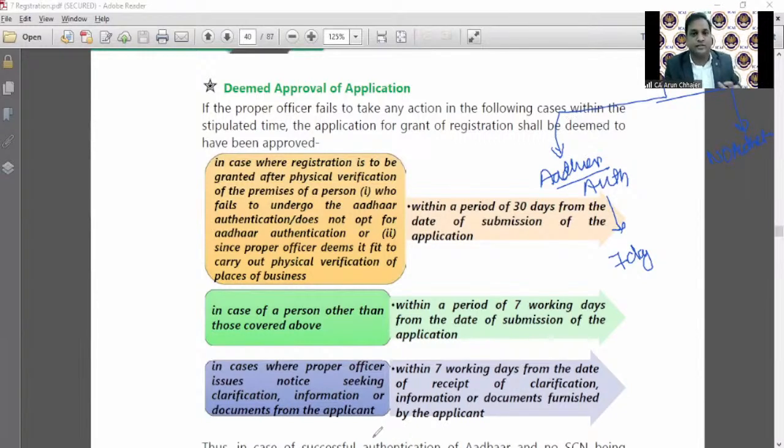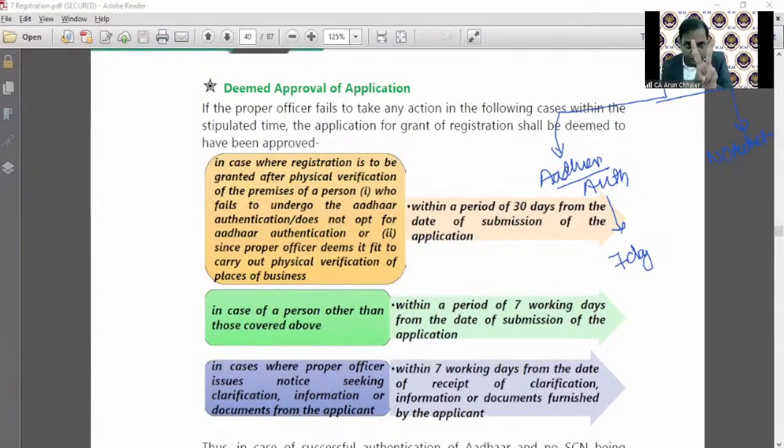See, first try to understand what that means. When I am making the application, there are two parts, Part A and Part B. In Part B, I have to select whether I would like to go for Aadhaar authentication or not. If I have selected Aadhaar authentication, then I have to do the Aadhaar authentication.